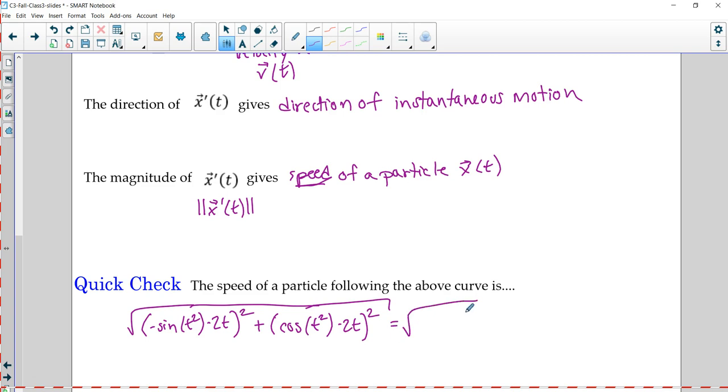We end up with the square root of 4t squared sine squared of t squared, plus 4t squared cosine squared of t squared. Lots of squares. Okay, bottom line, pull out the 4t squared, and then sine squared plus cosine squared is 1. We get 2 absolute value of t, but since t is bigger than 0, this is equal to just 2t.